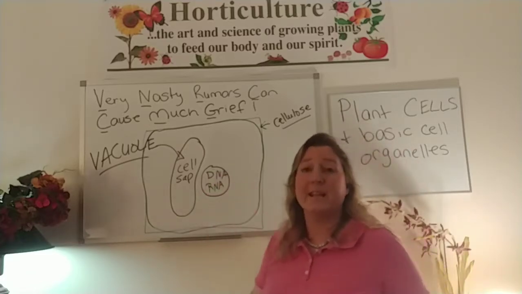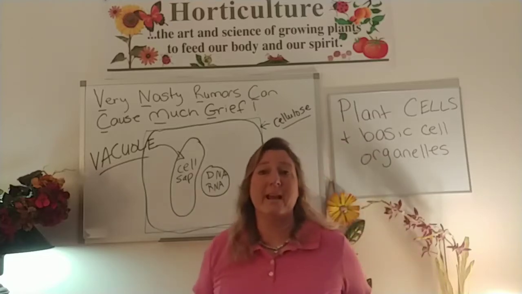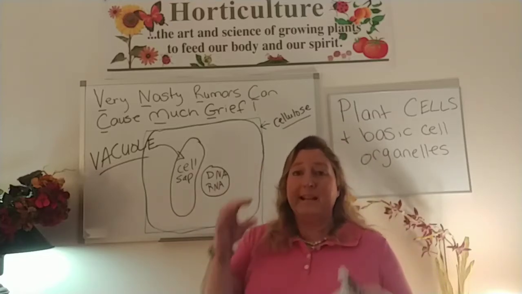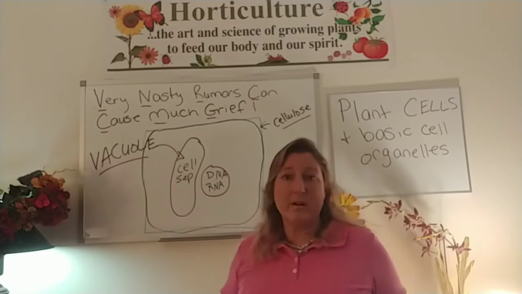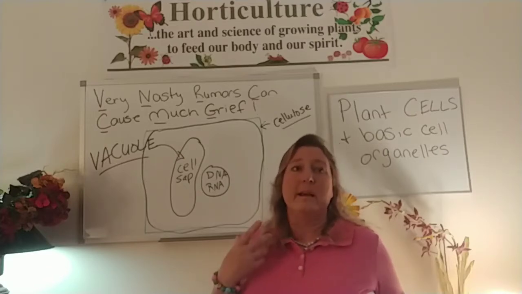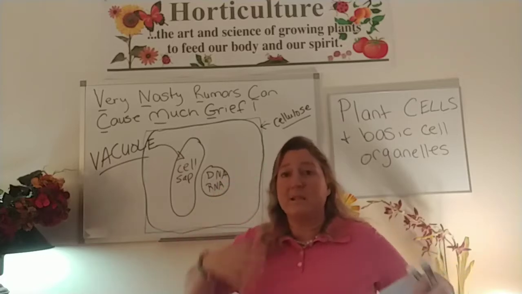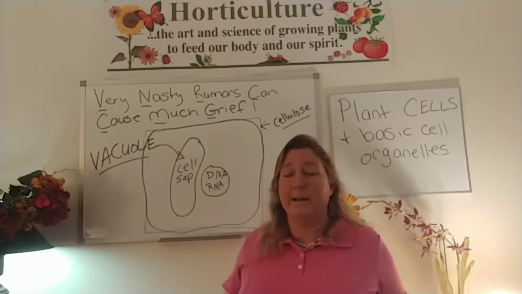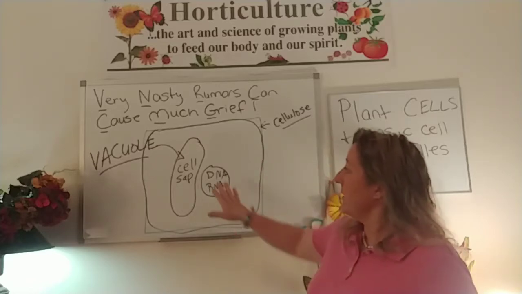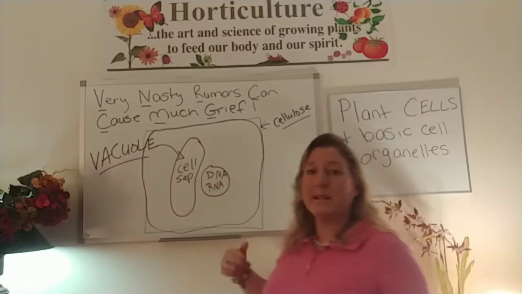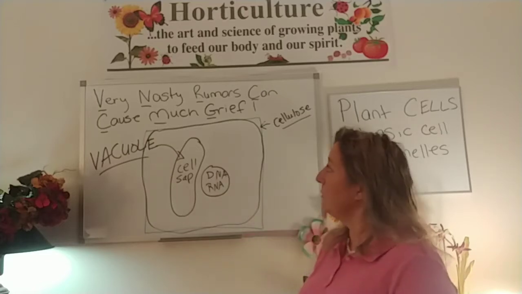DNA stays in that nucleus, okay? Each cell only has the one nucleus, and DNA stays in there so it can stay protected. We definitely don't want anything damaging our DNA because that's the map, the master plan of our whole bodies. So the DNA and the RNA are in the nucleus. That's the brain of the plant cell.